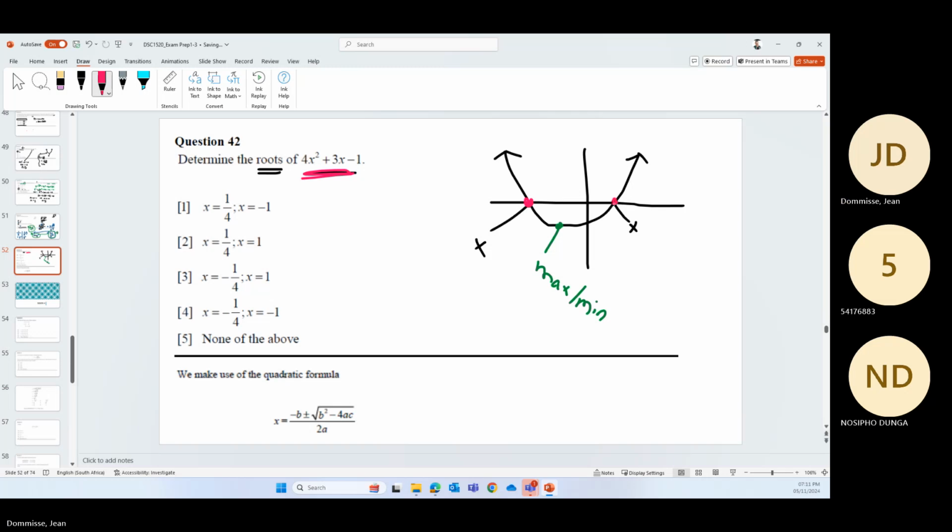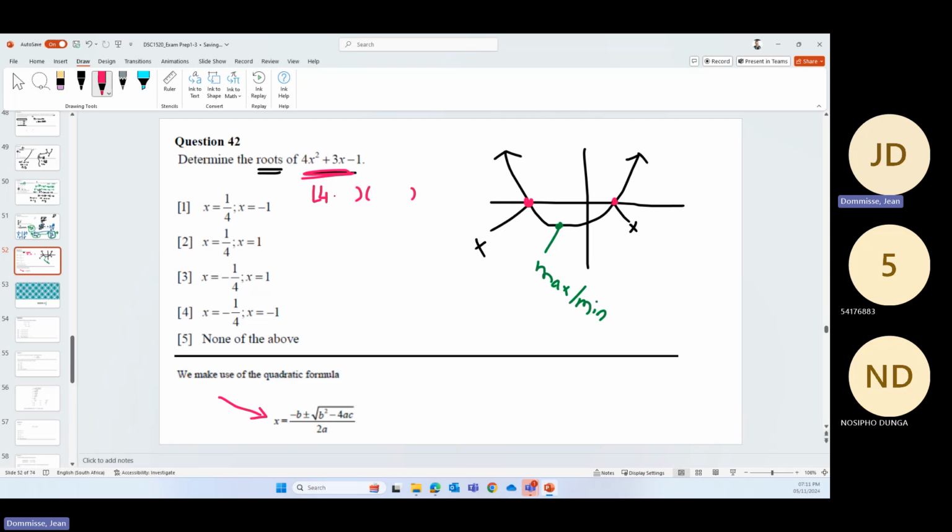So with this one, we don't differentiate. We will basically need to work out what the x values are. We could factorize it, or we can use the quadratic formula to get to the roots.